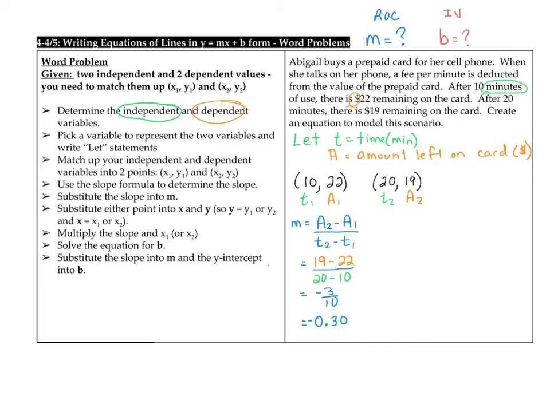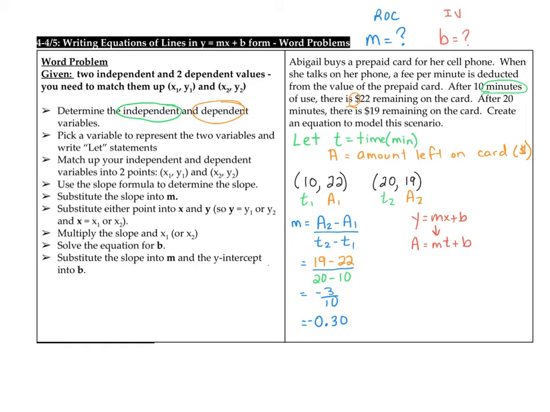Now, to determine the y-intercept, you need to use the equation of the line. Usually it would be y equals mx plus b. But in this case, your y is A and your x is t.